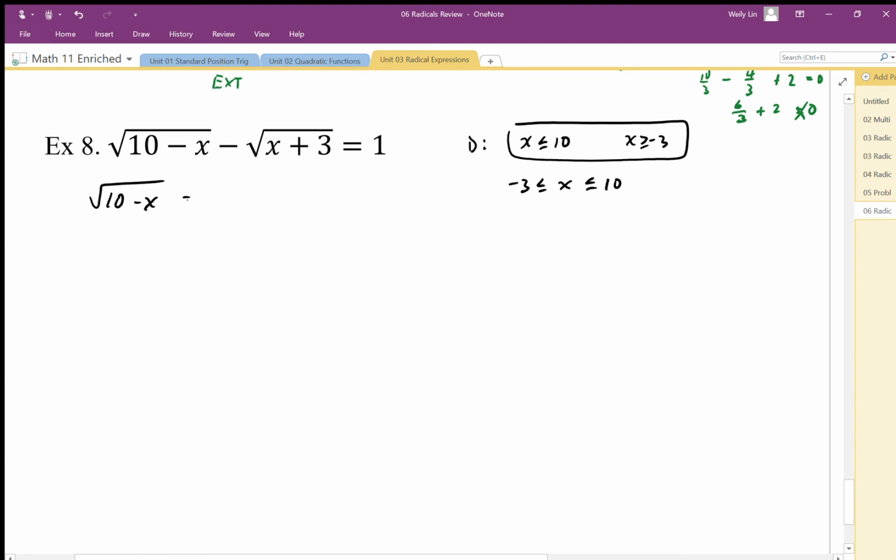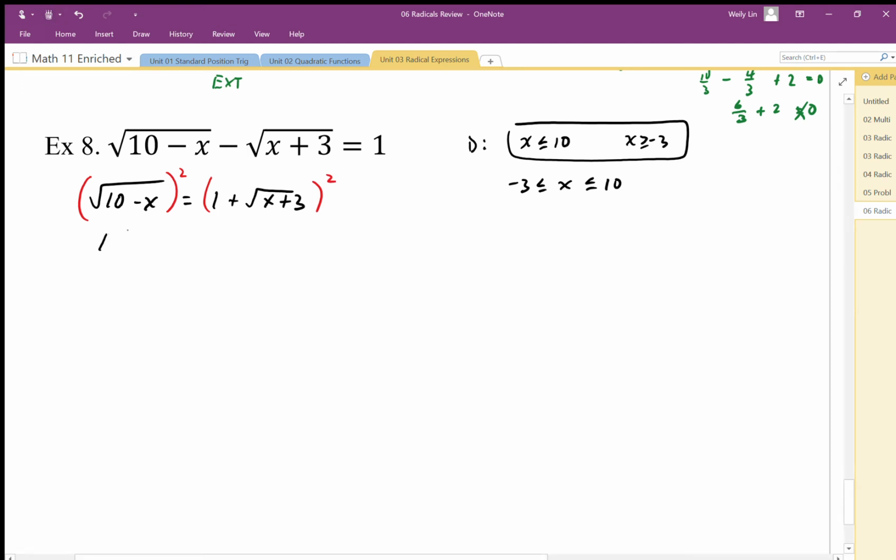So we're going to isolate one of the square roots. Okay, and then we'll undo the square roots with the square, remembering to FOIL out that. Remember to expand that out correctly.